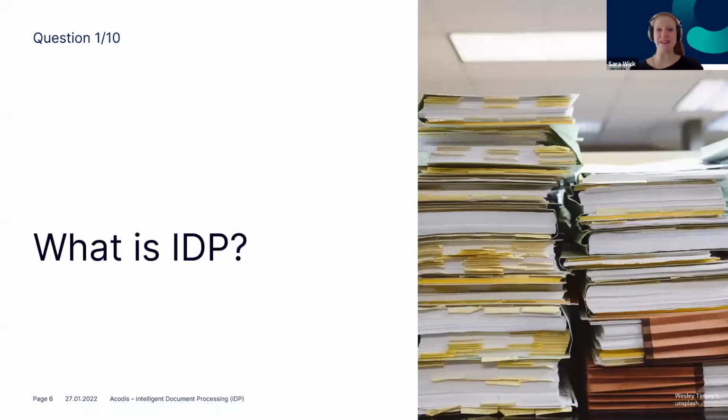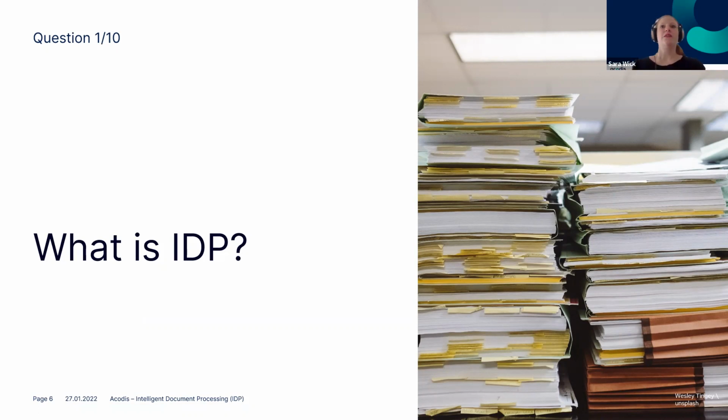I think question number one is, what is IDP? What is intelligent document processing? So I think we've all heard of data extraction. And so what is the difference to IDP? I think IDP is a bit more all-encompassing. So yes, we extract data from documents. Yes, we automatically classify documents. So am I looking at a contract, or a love letter, or an invoice, so that the machine can automatically classify those documents?